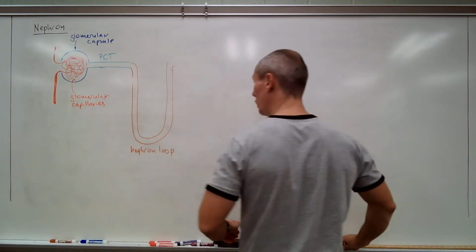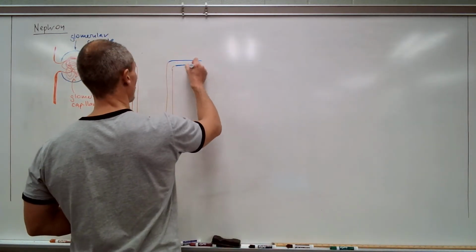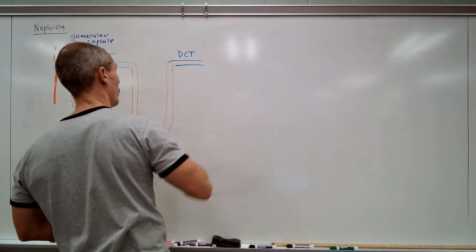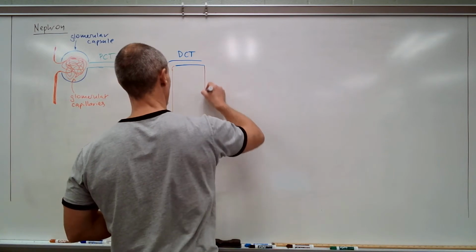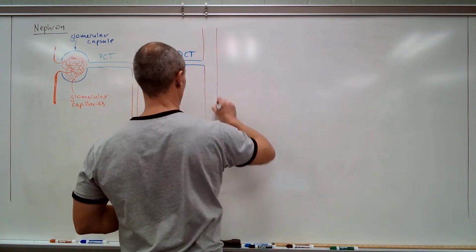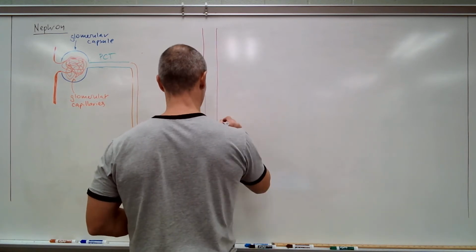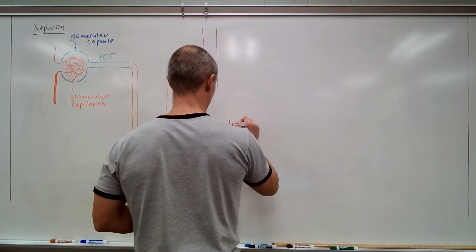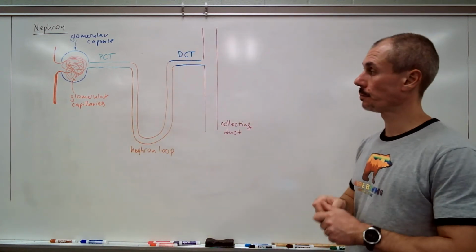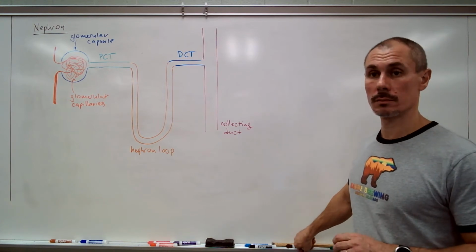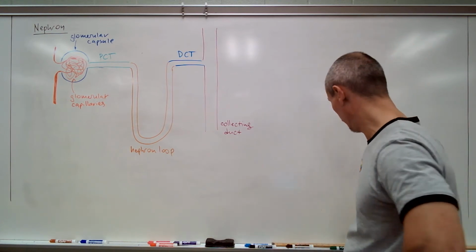And then nephron loop extends into the distal convoluted tubule, which is ultimately connected to the collecting duct. Okay. Does that make sense so far?